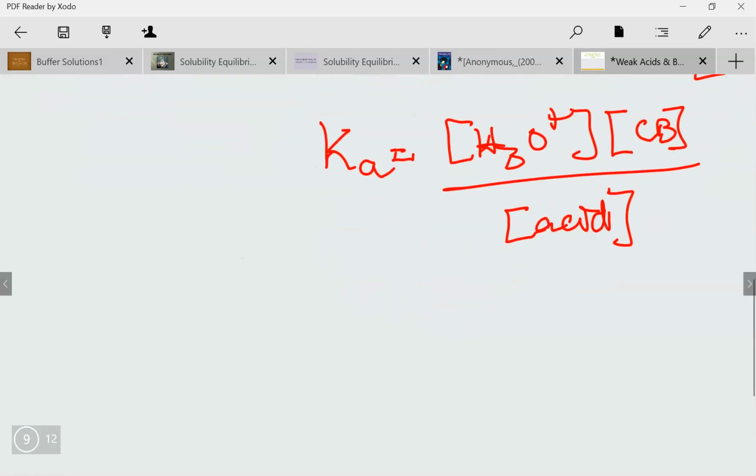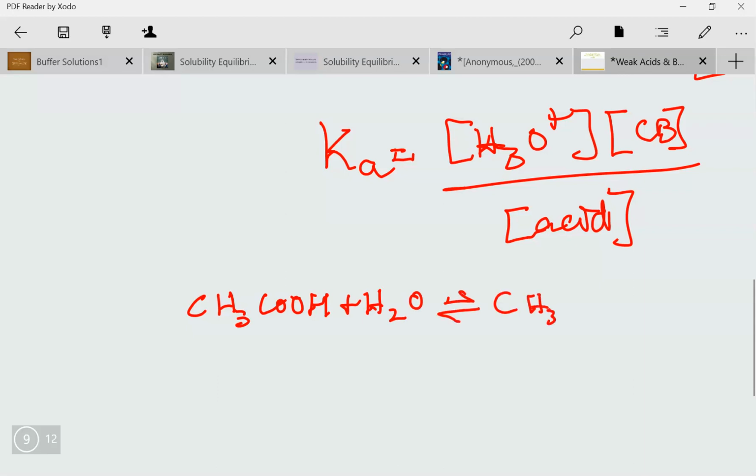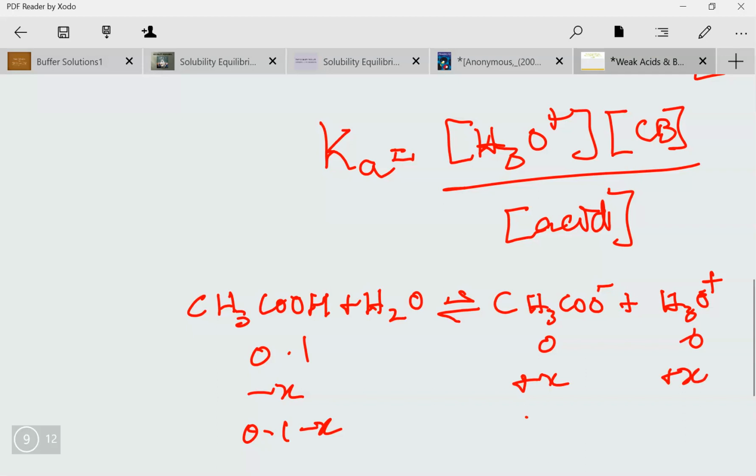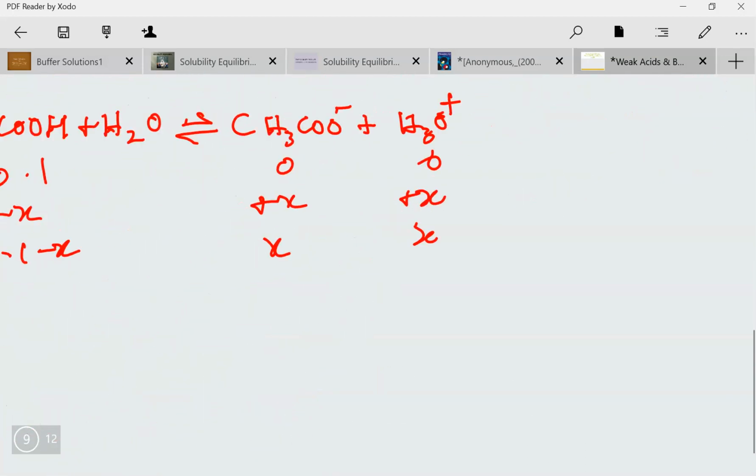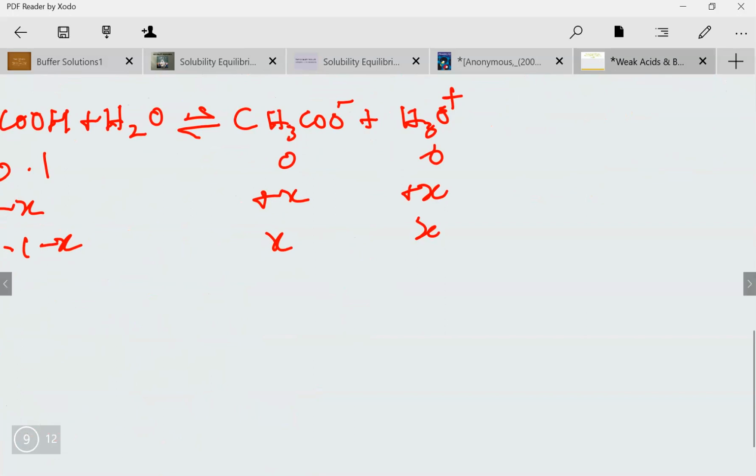Acetic acid: 0.1 minus x, 0, 0, plus x, plus x, x, x. I have calculated my x to be 1.3 times 10 to the negative 3 because that is the H3O plus.